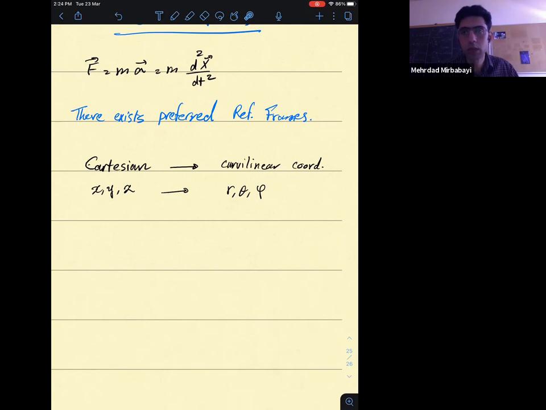You get some new equations that look kind of different. And then for any new choice of coordinates, we can repeat this to get the new laws.